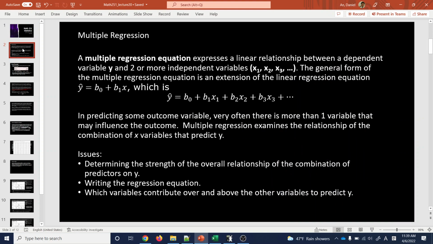So in lecture 19, I explained what a multiple regression is and what types of questions we want to address with multiple regression.